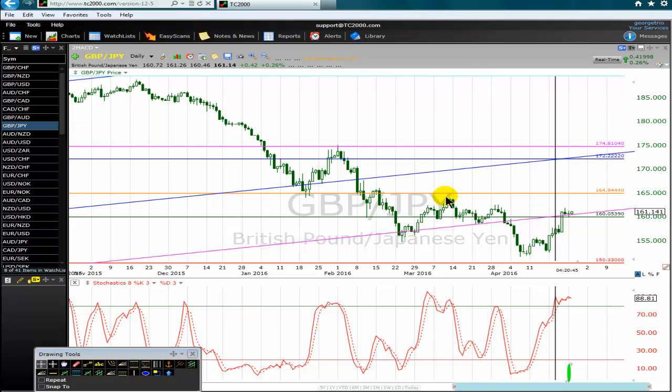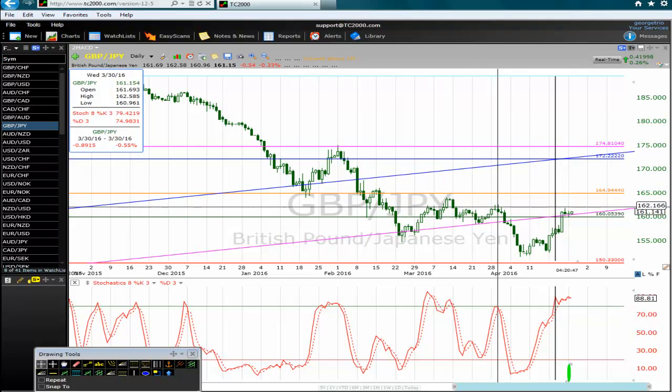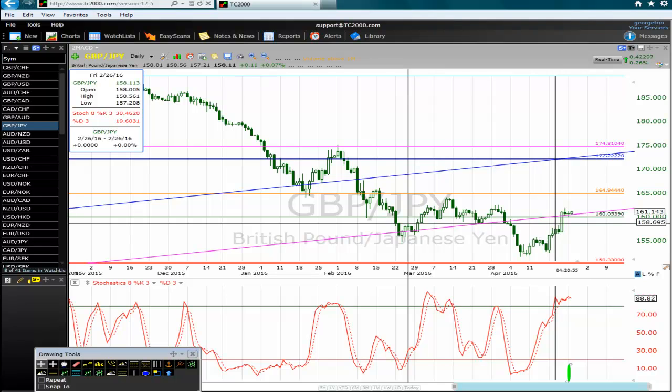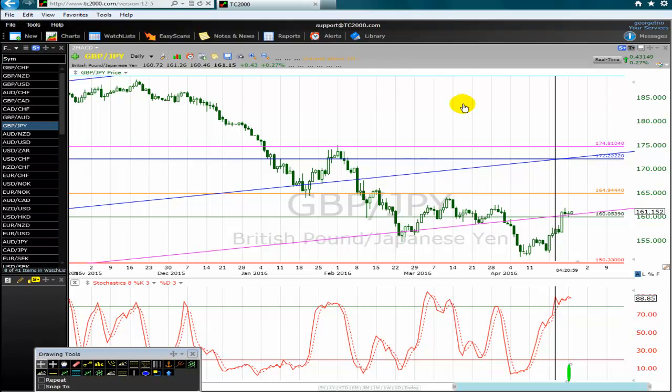There they are. You see there's one here, another resistance here. But because the first resistance that the stochastic was pointing to us was kaput, no more needed, it becomes a support level, we remove it. Now we are still in the overbought zone, hanging here. The next resistance is this level here.